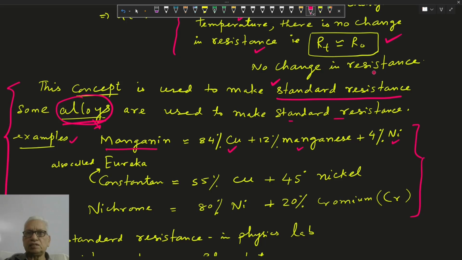This alloy plays the important role of standard resistance. If we use manganin, there is no change in the resistance despite change in the temperature. Another alloy is constantan, also called Eureka, 55% copper and 45% nickel, and nichrome, 80% nickel and 20% chromium.